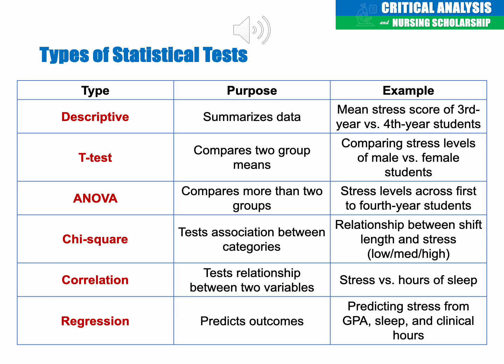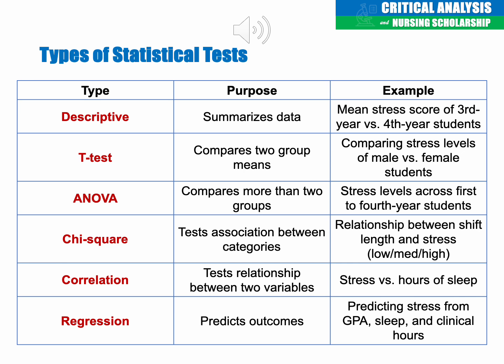And if you want to predict the student's stress levels using factors like GPA, clinical hours, and sleeps, in here you will use regression. In other words, understanding the right test will help you ensure that your research conclusions are valid and reliable. And the knowledge of the different statistical tests is very important as a nurse researcher.